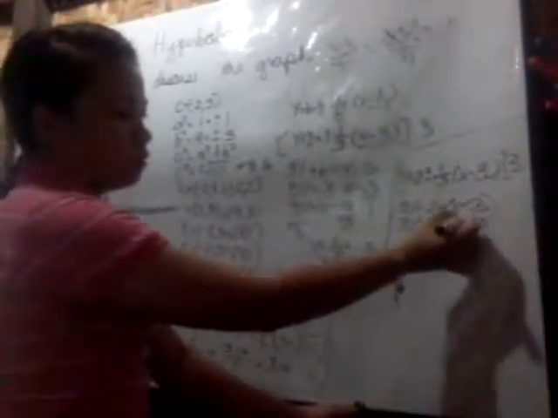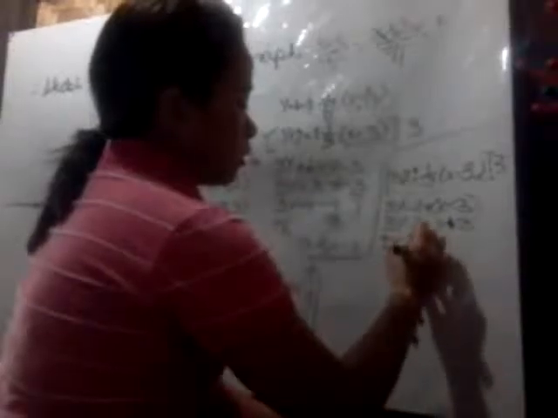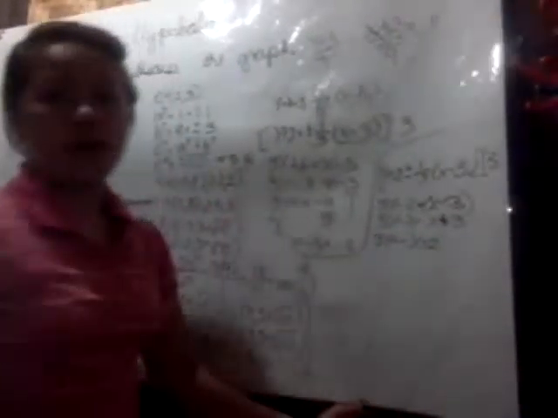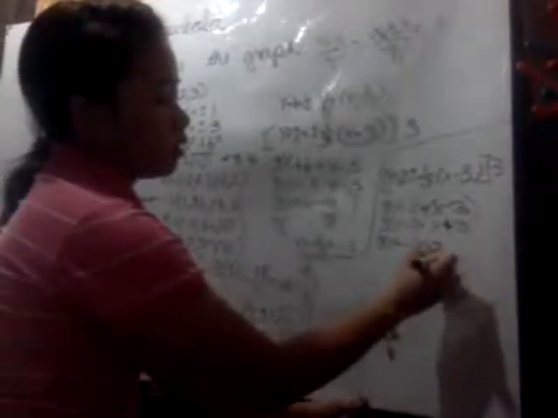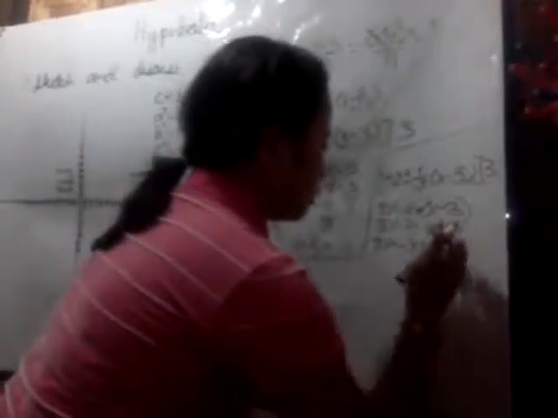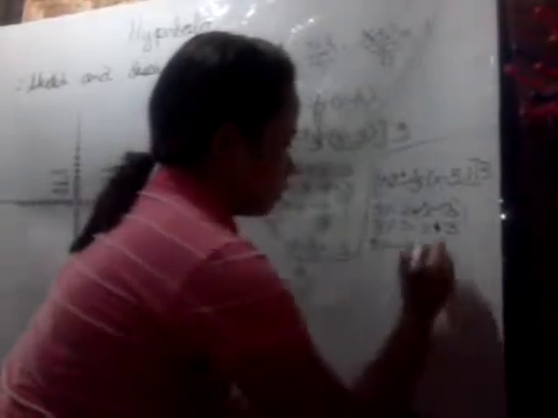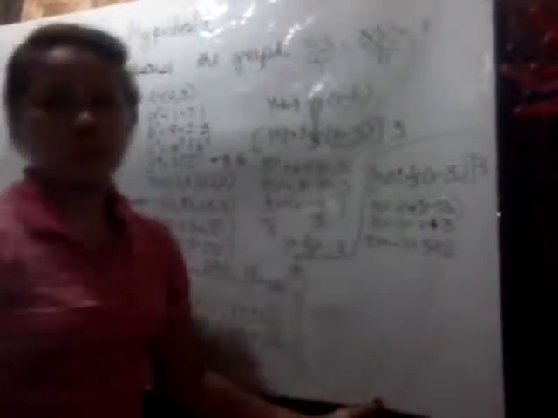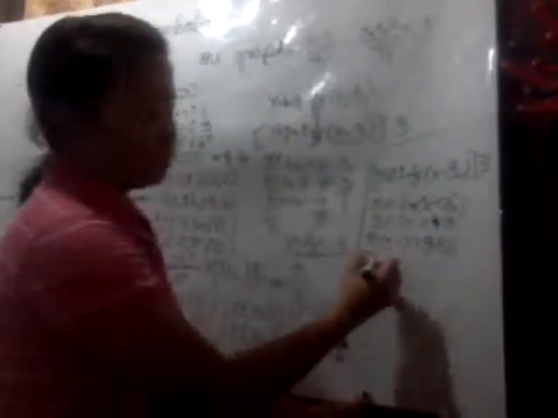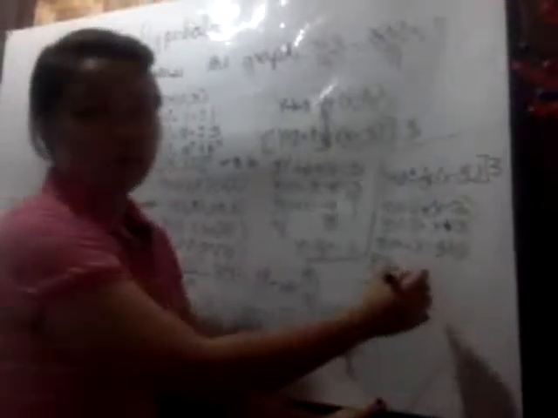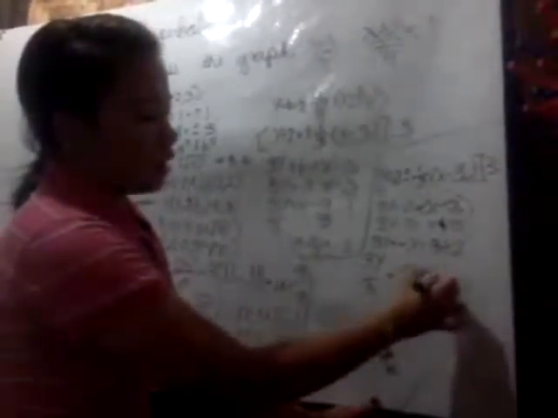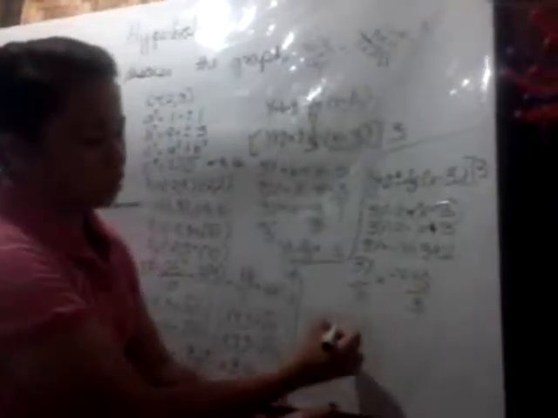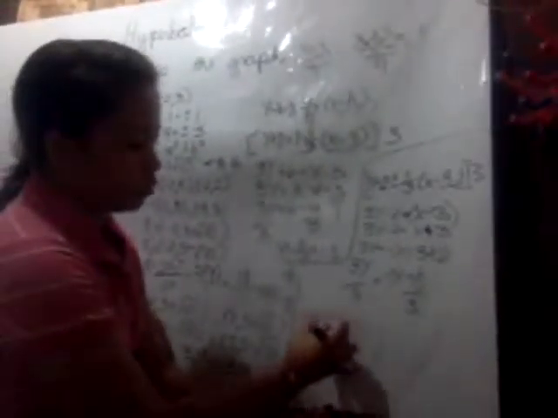Then this negative sign will become positive, and 3y, x plus 3, x plus 3 plus 2, then 3y over 3 negative x plus 5 over 3.